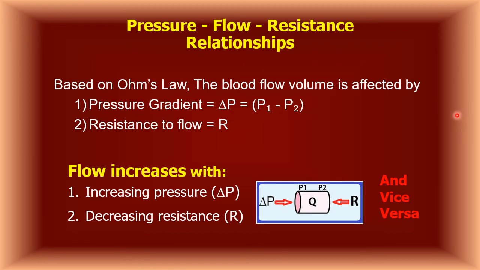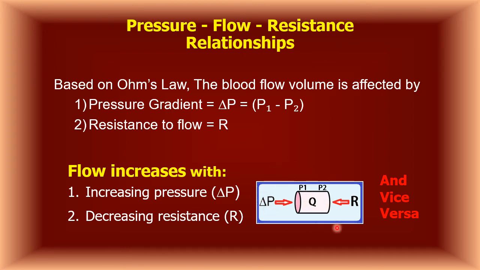So based on this Ohm's triangle or Ohm's law in hemodynamics, we can understand the relationship between three factors: the pressure, the flow, and the resistance. So we have here three factors: pressure, which is the pressure gradient, the flow or the Q, the amount of blood, and the resistance.